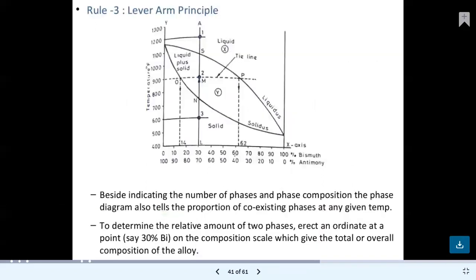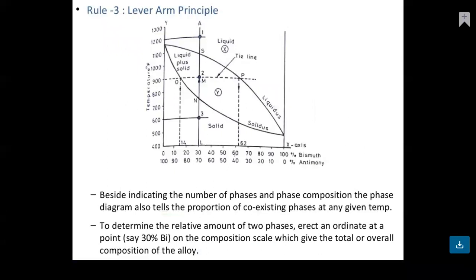Rule third, lever arm principle. Besides indicating the number of phases and phase composition, the phase diagram also tells the proportion of coexisting phases at any given temperature. So proportion is also told by this rule. To determine the relative amount of two phases, erect an ordinate at a point, say 30% bismuth on the composition scale, which gives the total or overall composition of the alloy.